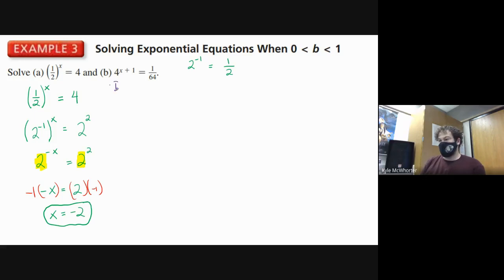Okay, so then when we look at the equation we have for b, 4 to the x plus 1 equals 1 over 64. Let's see. Is 64 a power of 4?